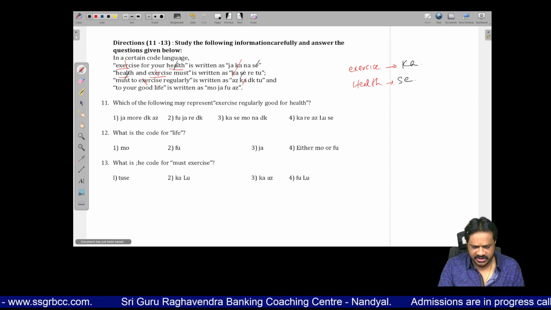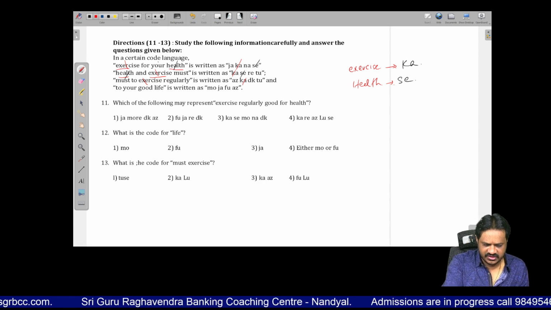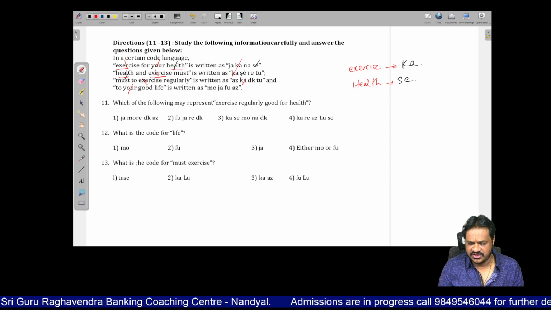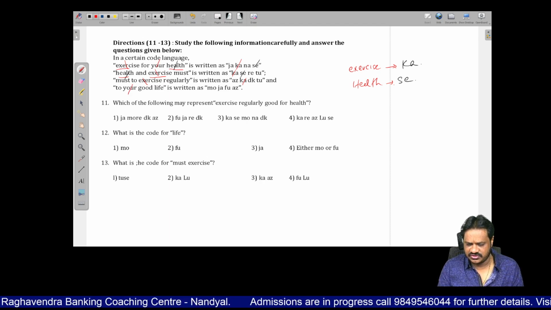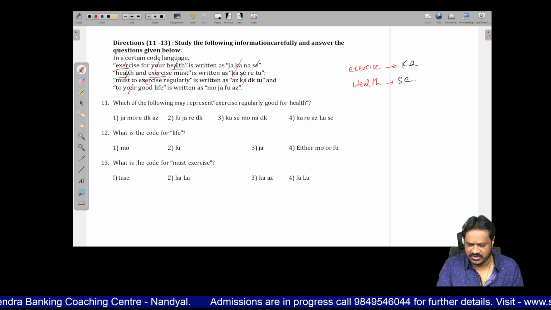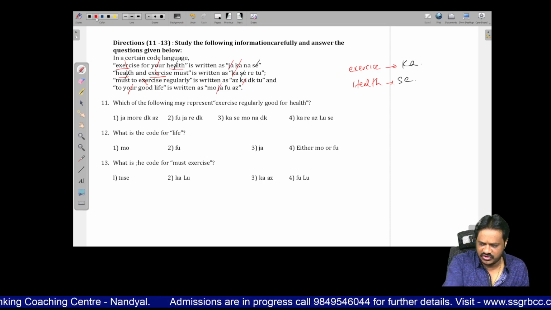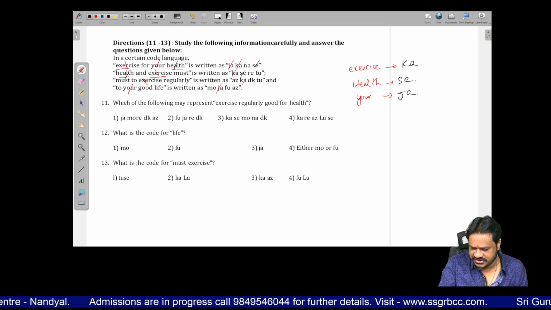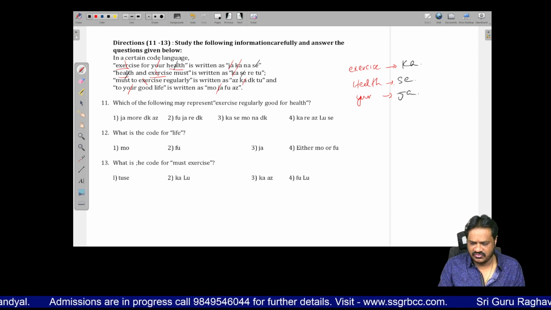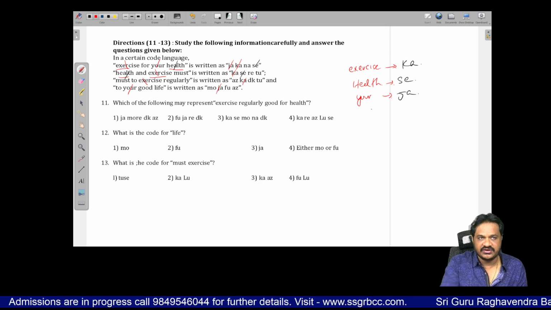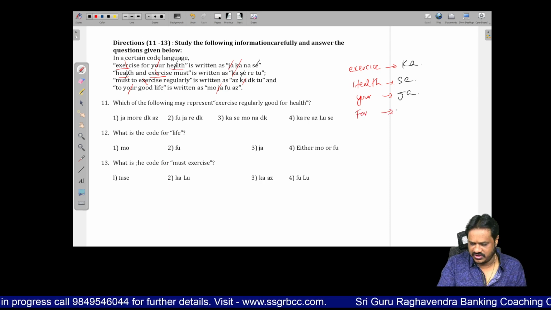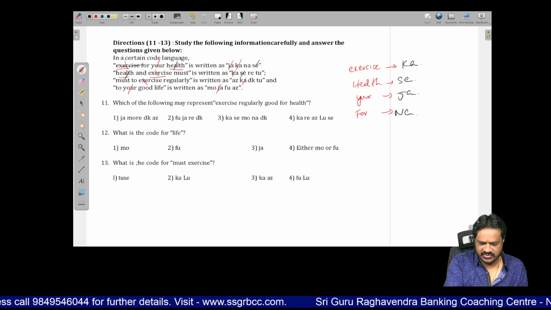Now the remaining two words are for and your. In first and last, you can see one word in common, that is JA. So your code is JA. Then for code is NA. With this, we completed the first sentence.